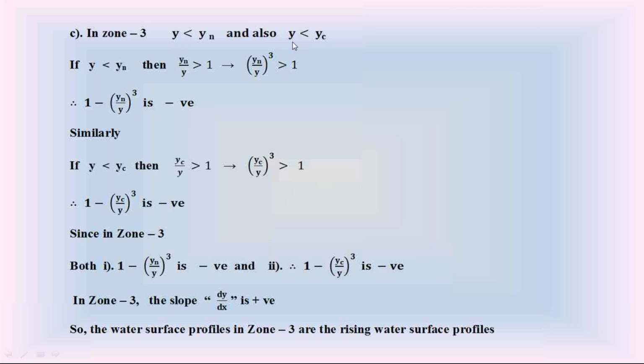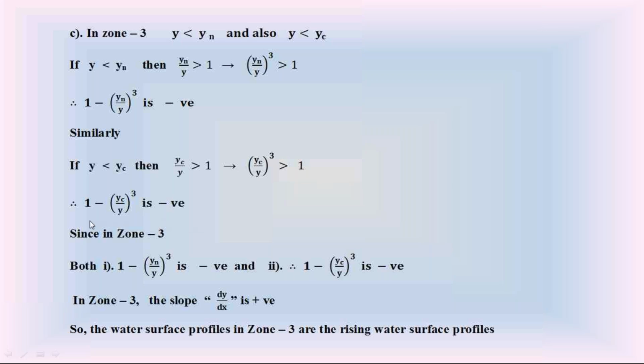Now coming to the second condition. If y is less than yc, yc by y is greater than 1, because the depth y is less than the critical depth yc. So yc by y whole cube is greater than 1. Therefore 1 minus yc by y whole cube is negative.